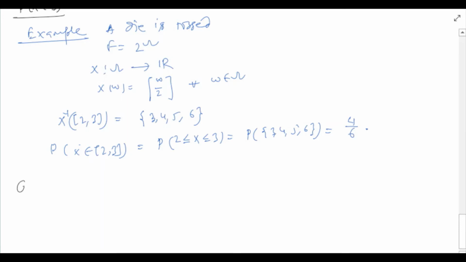Next we consider the notion of cumulative distribution functions of random variables. Cumulative distribution function.